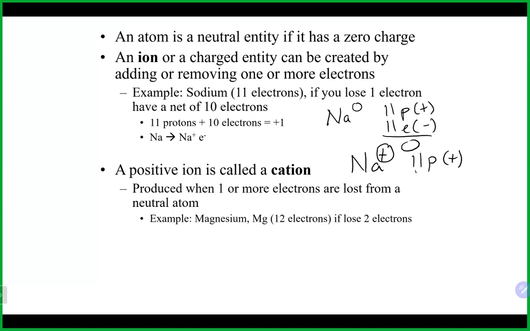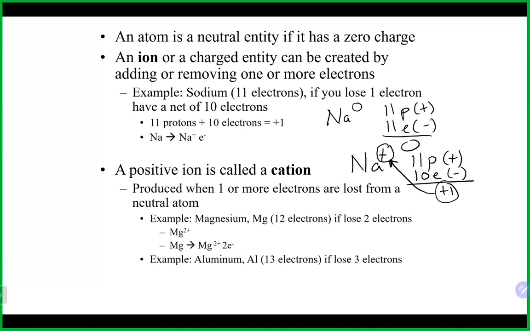So instead of 11 electrons, it now will have 10 electrons. 11 positives and 10 negatives leaves me a +1 left over, and that is where the charge comes from. In this case, the sodium ion has more protons than electrons, and overall that gives it a positive charge. That is what is referred to as a cation.